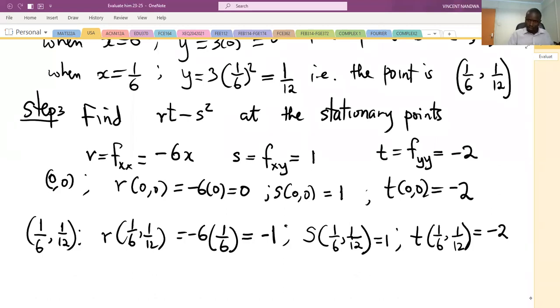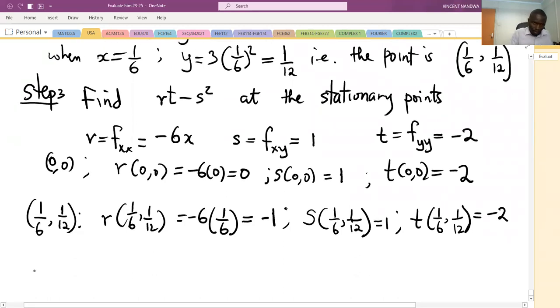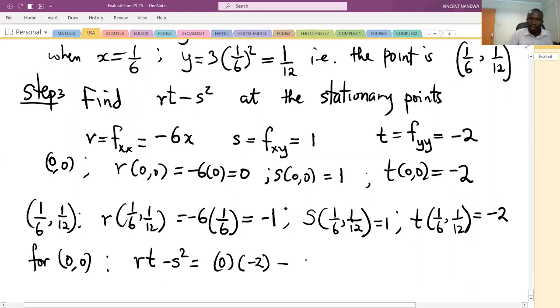So for the point 0, 0, RT minus S squared will be given by R is 0, T is negative 2, S is 1. So this will be 0 minus 1, which is minus 1, which is less than 0.